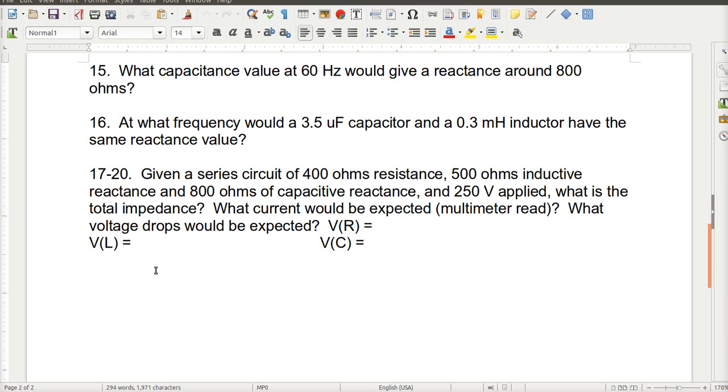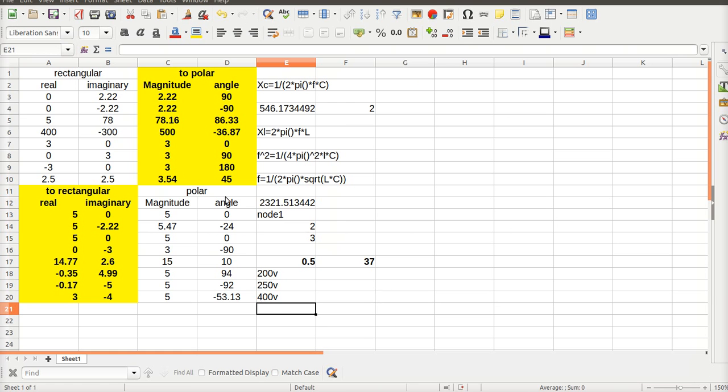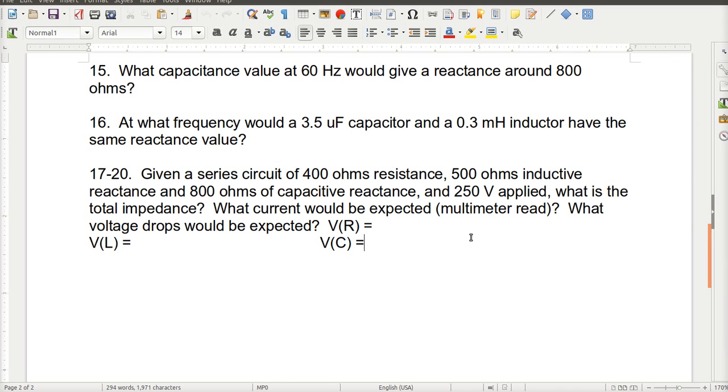Take those three numbers, go to the conversion spreadsheet, put in the polar, get the rectangular back, and add them up. And they should add up to 250 angle 0, or 250 plus 0i, roughly. That is what you should do.